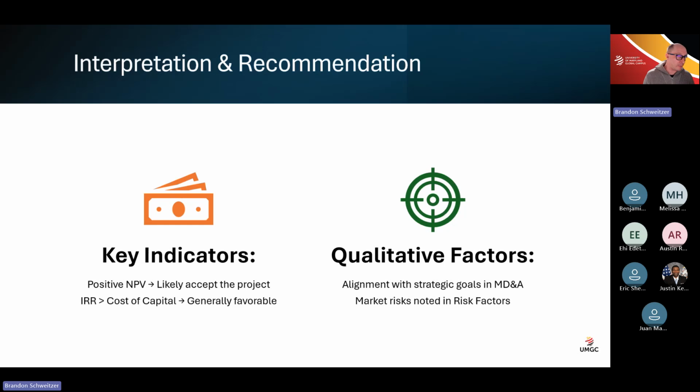If the company is planning to make investments into property, plant, and equipment, as you're going through the discounted cash flow model, think about what is written in the management discussion and analysis section of the 10K report, and how does that align with the company's strategic goals, and what are the risks involved with the company making such investment? We could look at market risks that are located within the risk factors section of the 10K report.